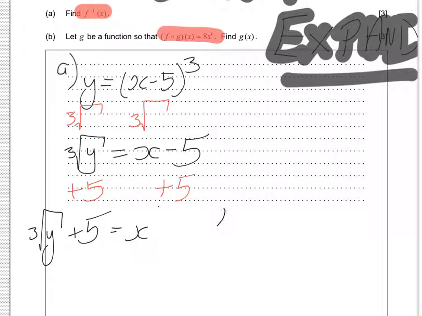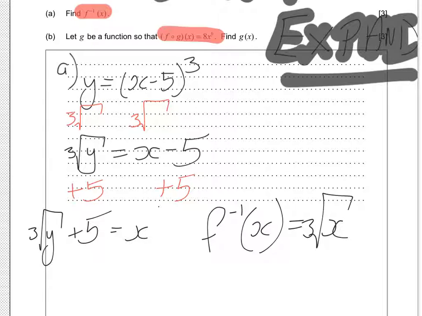Last step is to write down f inverse of x is equal to the cube root of not y, because we're supposed to swap over x and y at the end, so the cube root of x plus 5.